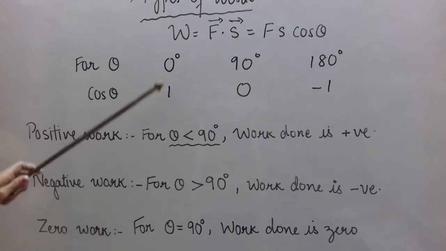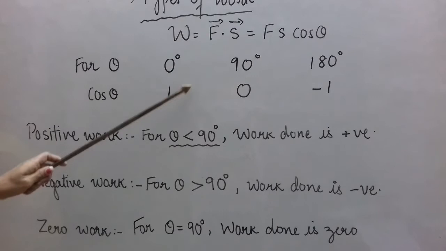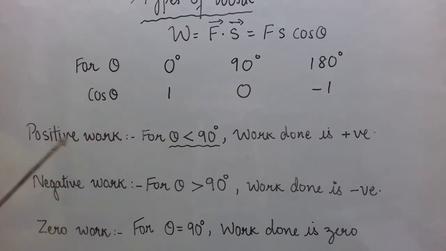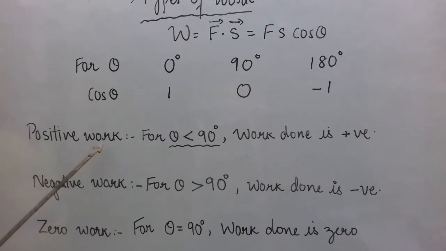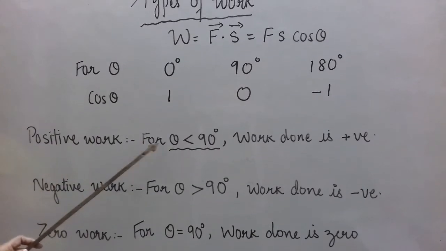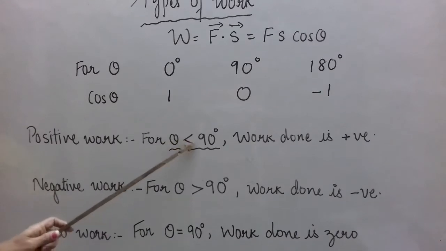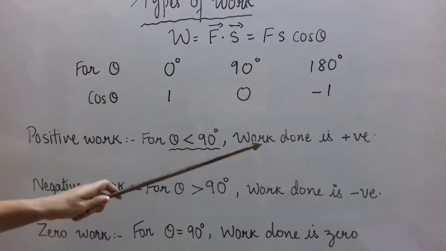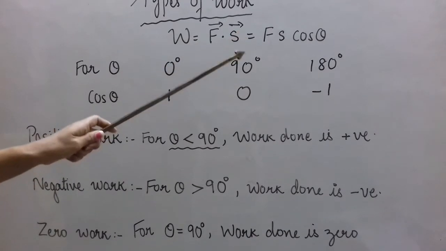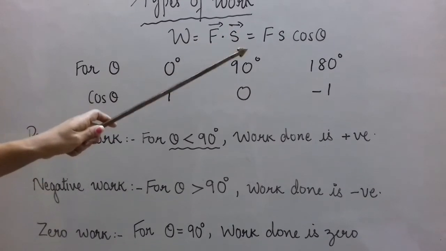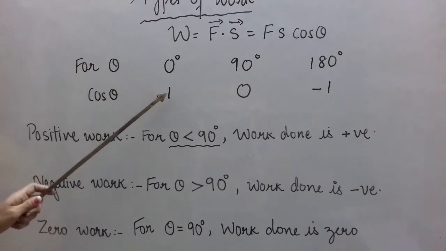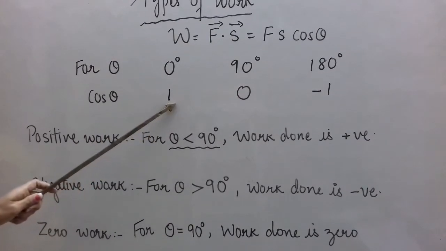It will be either 1 or 0 point something, positive. So we can say from here that positive work is done when the angle between force and displacement is acute, or theta is less than 90 degree. Work done will be positive and W will be equal to F into S, plus F into S, when theta is 0 degree. For other cases, it will be less than that.